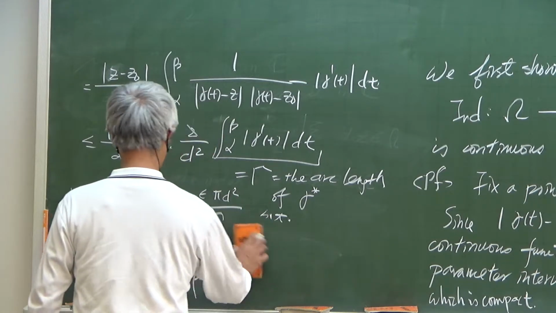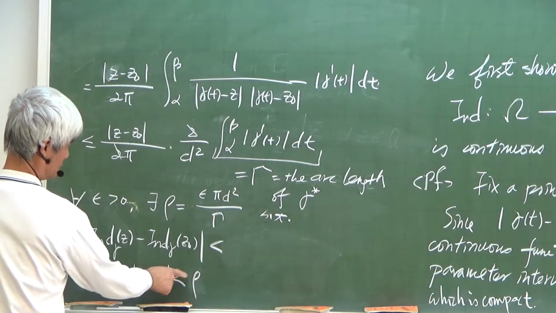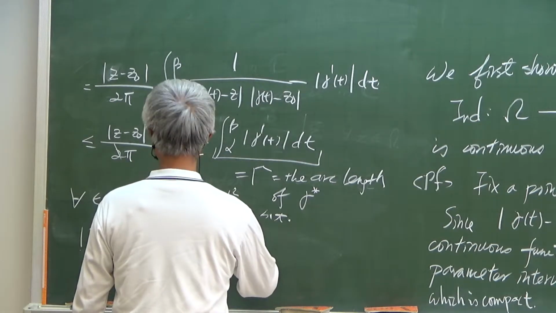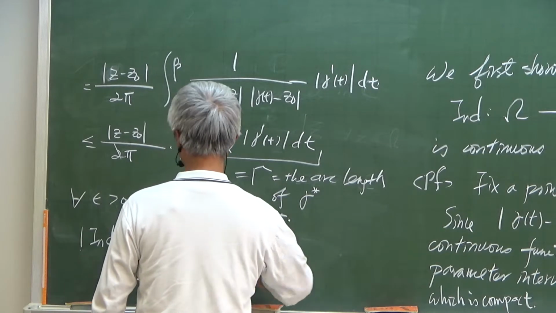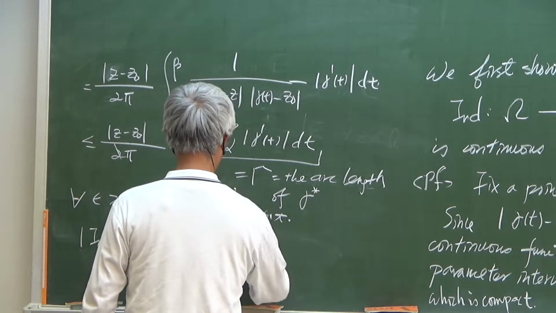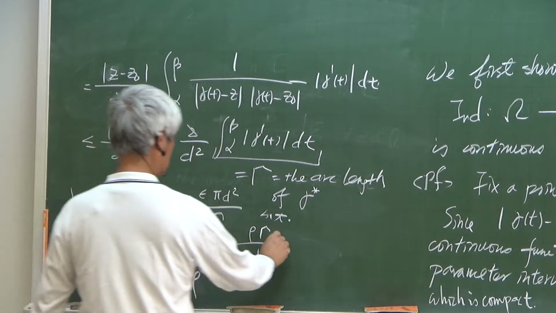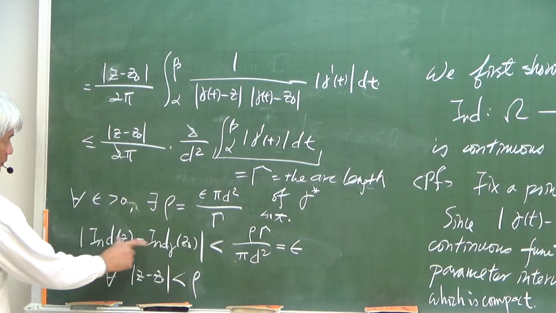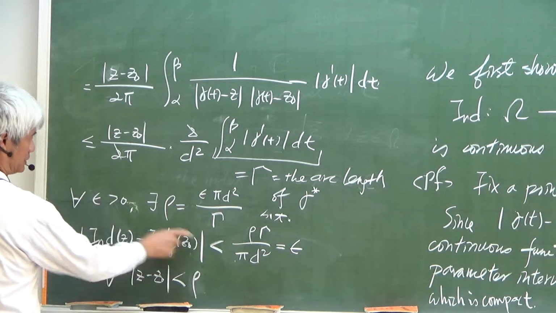So you see that you said for all z minus z0 less than rho, right? So we have this is less than rho, so less than rho pi d square gamma. Okay. And by computation, this is equal to epsilon. So with our specification, we want the function value to be very close, say within epsilon.